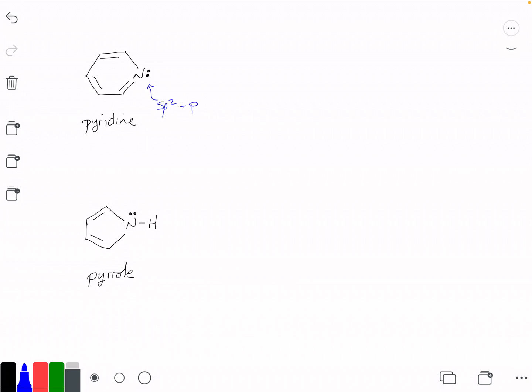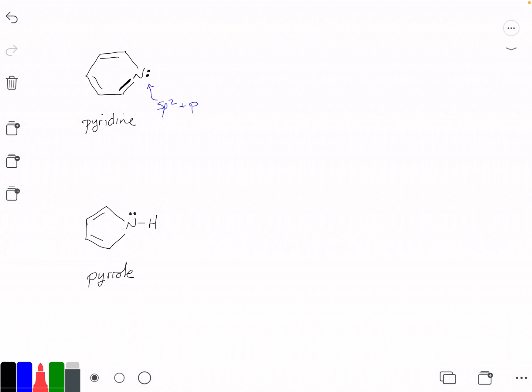So what we want to think about is, is the nitrogen's p orbital already evidently used somewhere? And it is. It's right here in this double bond. That double bond is the result of the carbon's p orbital overlapping with nitrogen's p orbital.